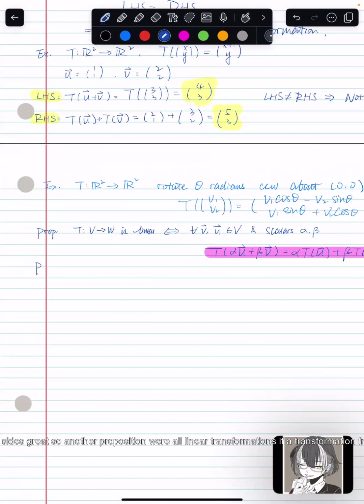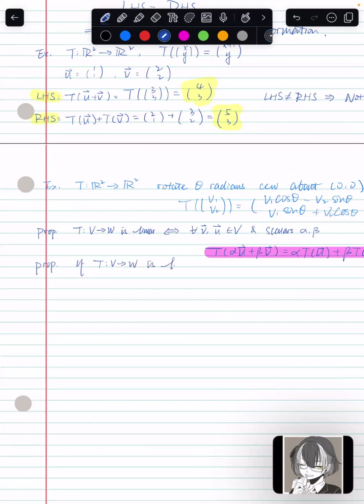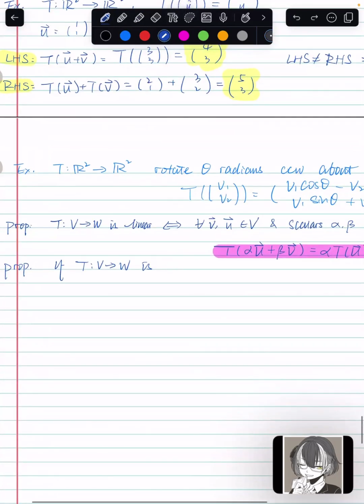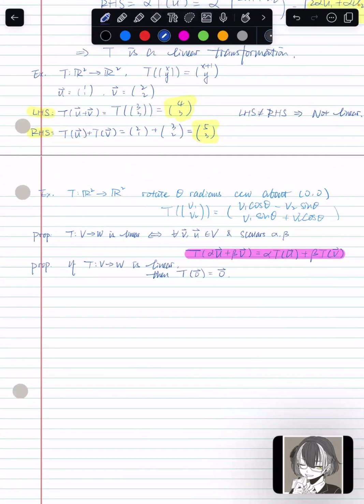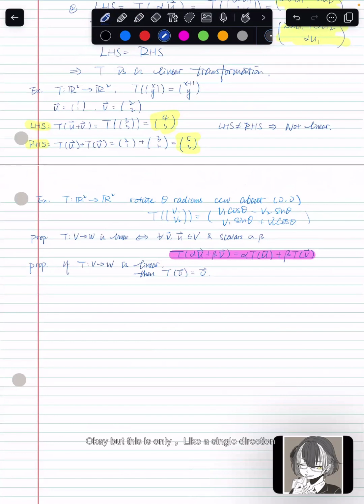So another proposition for all linear transformations: if a transformation from V to W is linear, then the transformation of the zero vector is the zero vector in the vector space W. But this is only a single direction statement, so it cannot be inverted.